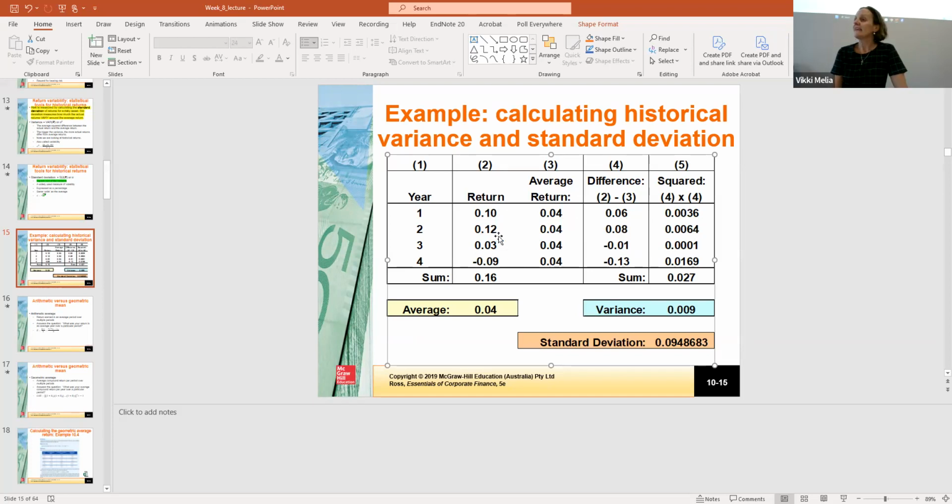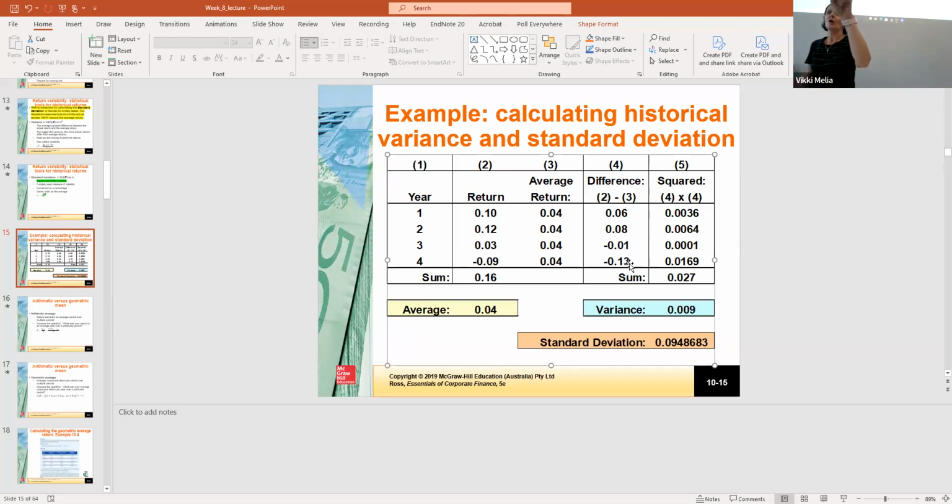In year 3, the actual return was 3% and the average return was 4%. So the difference is minus 1% in year 3. And then in year 4, the actual return was minus 9% and the average return is 4%. So the difference is minus 13%.